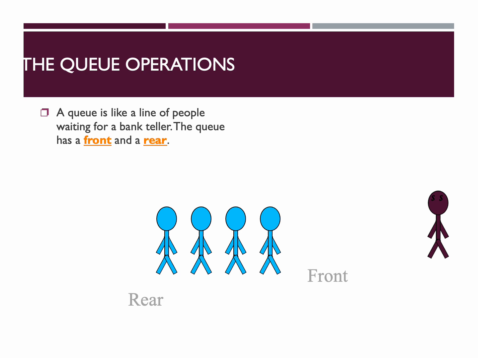In the diagram, people are lined up in the queue and the rear and front are clearly marked. The front is where the first person or element will be removed from the queue, and the rear is where new people or elements enter the queue.